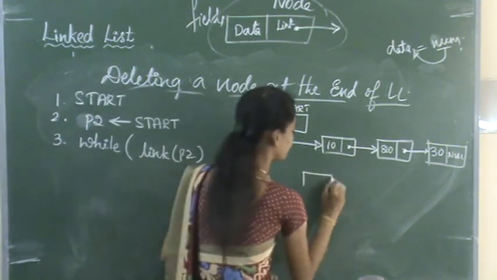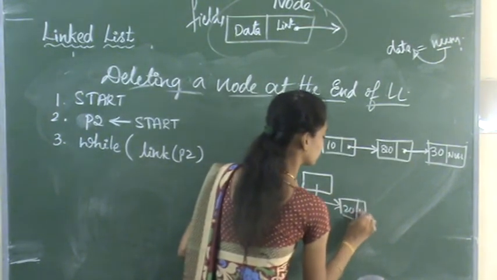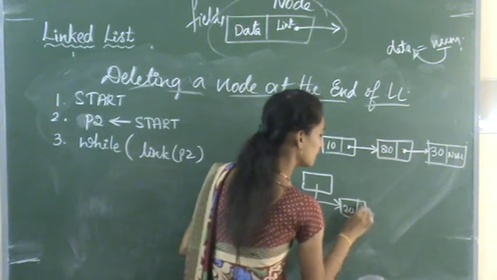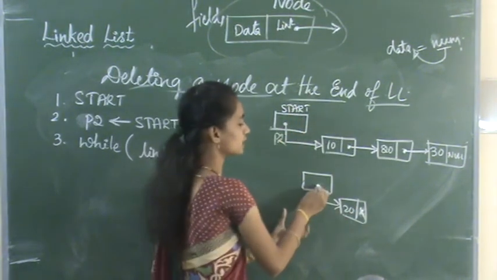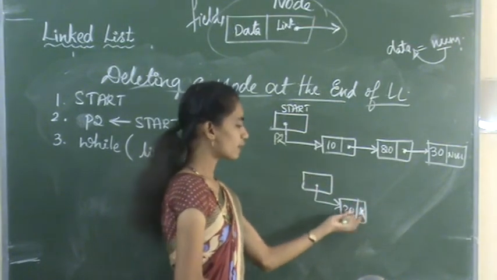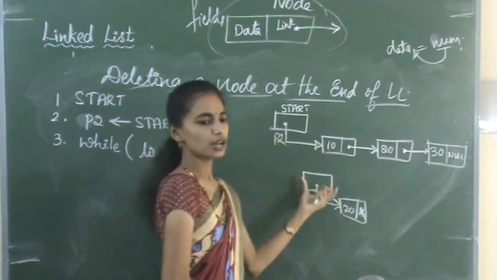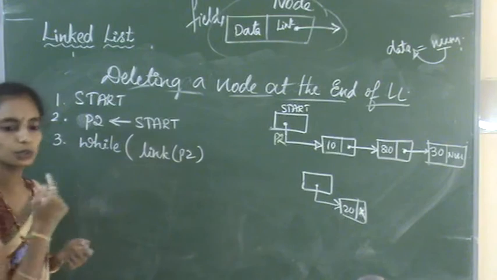For example, we are representing null like this, which means the list contains only one element. If there is only one element, after deleting only start will be there, right? So we are deleting that element if it is equal to null.